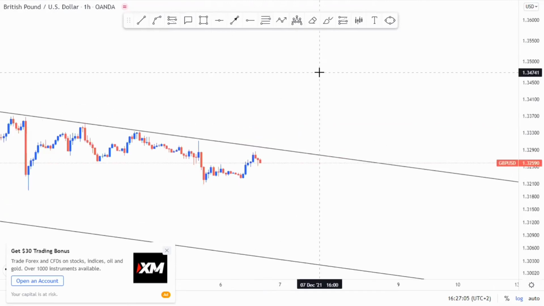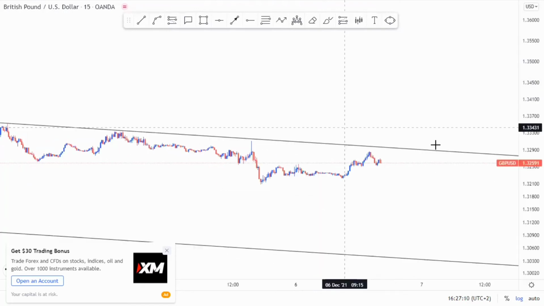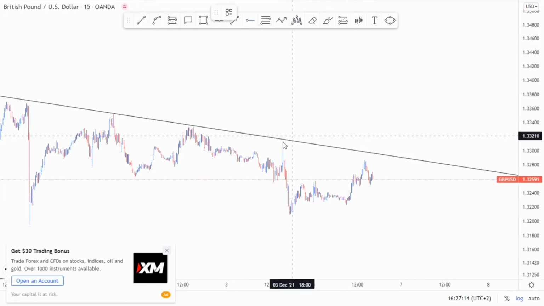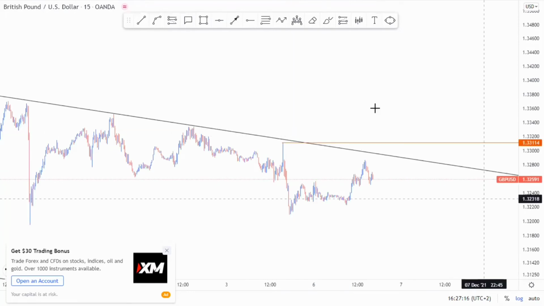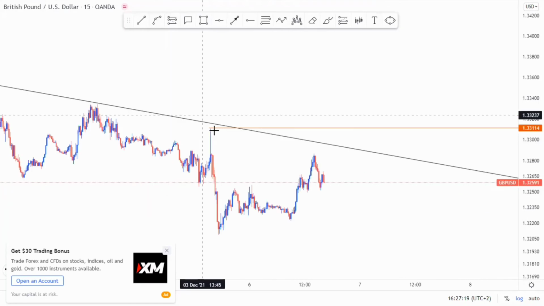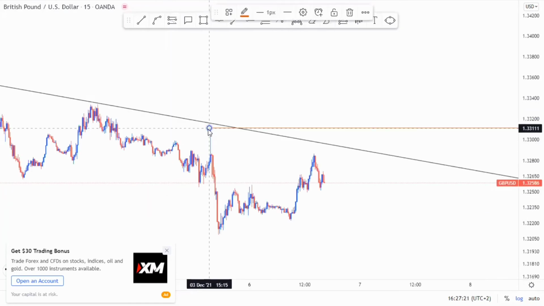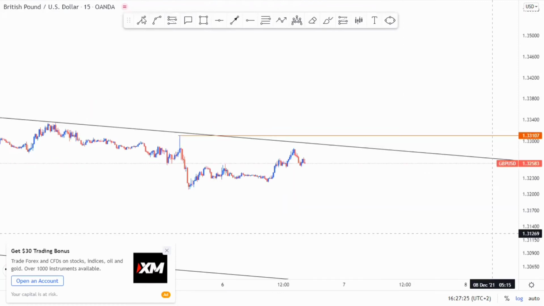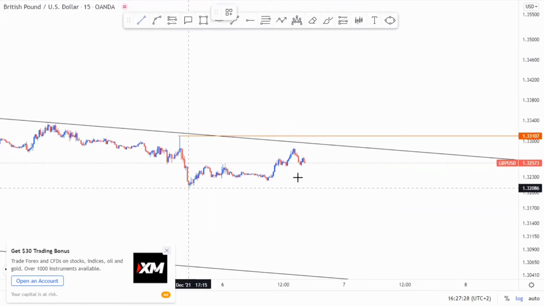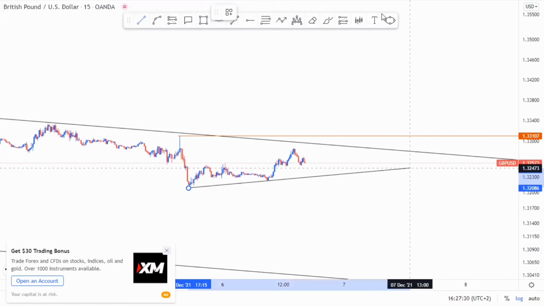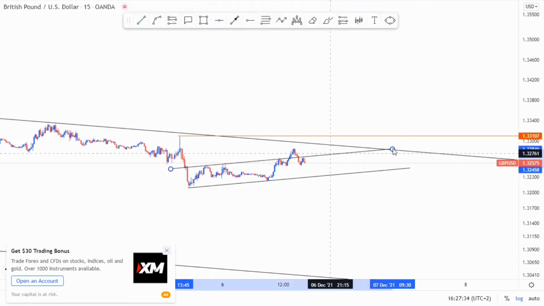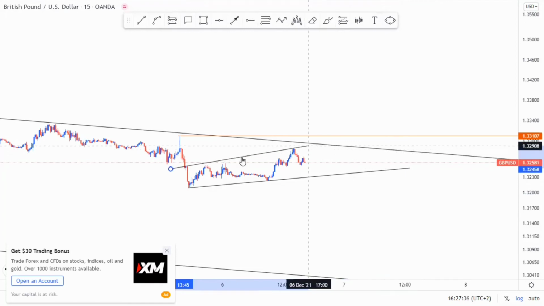But we have to spot a pattern first. This is one of my entry strategies. I'll just highlight the significant high where price moved aggressively, and then I spot my pattern.